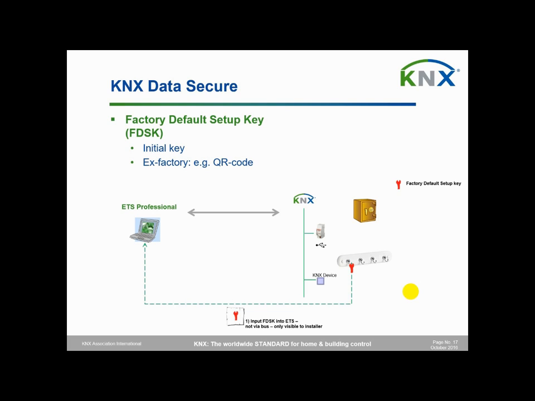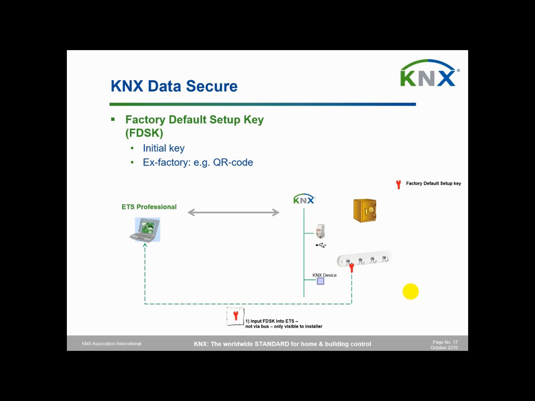So that means this FDSK needs to be entered in the ETS project for this specific device. This operation happens entirely outside the bus. So this FDSK will never be communicated over the bus. It happens entirely outside the bus.